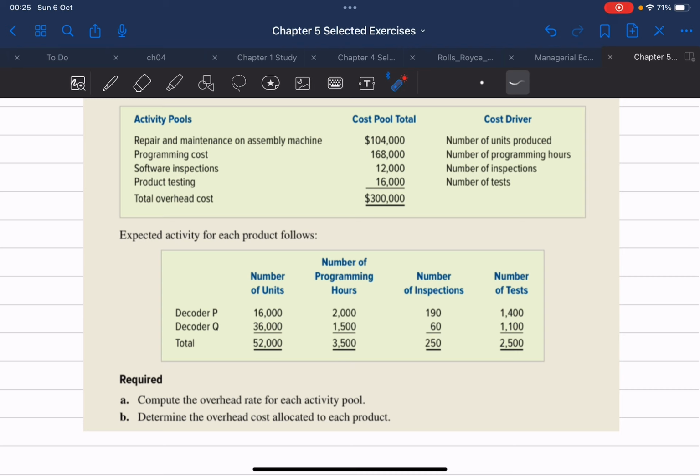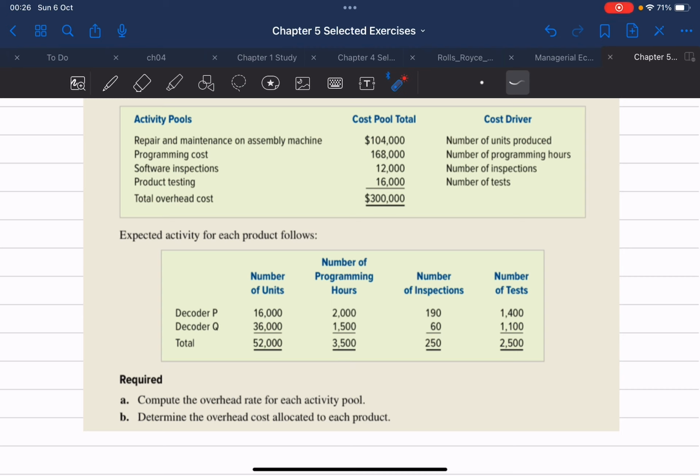Similar to what we have done in class and in previous exercises, the same rules apply. All we need to do is get our cost pool costs divided by the cost driver, and that will give us the allocation rate. That would give us the first requirement.